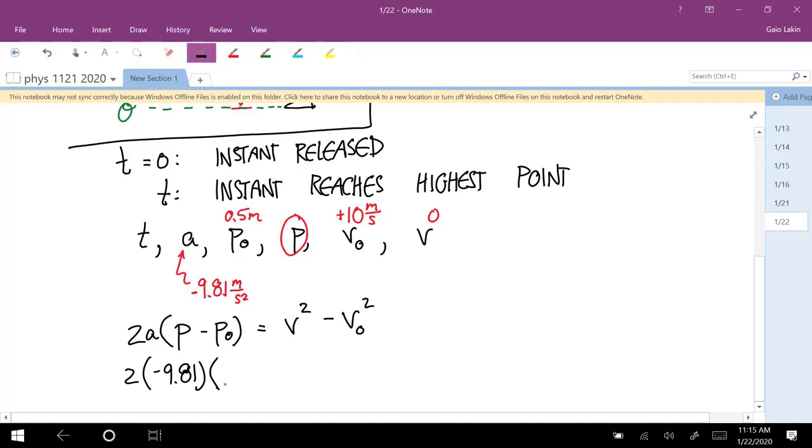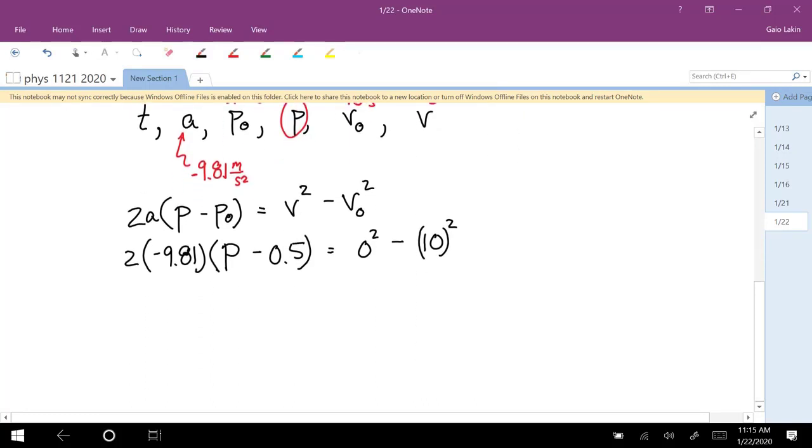Okay, so we're looking for this position P minus 0.5 is equal to 0 squared minus 10 squared. And so we have negative 19.62 P minus 9.81, plus 9.81 is equal to negative 100.